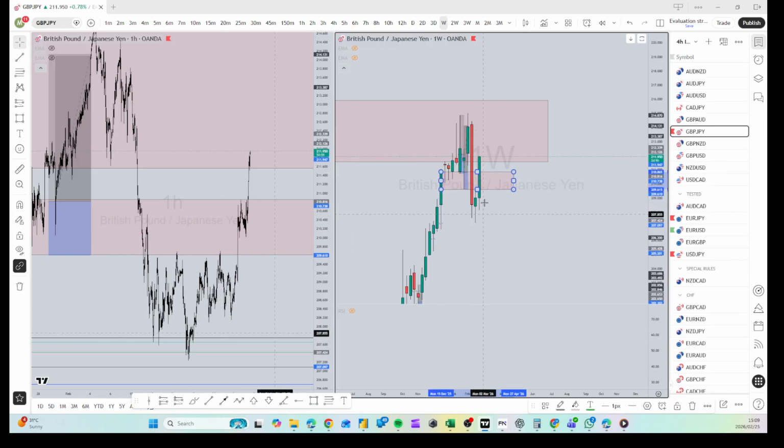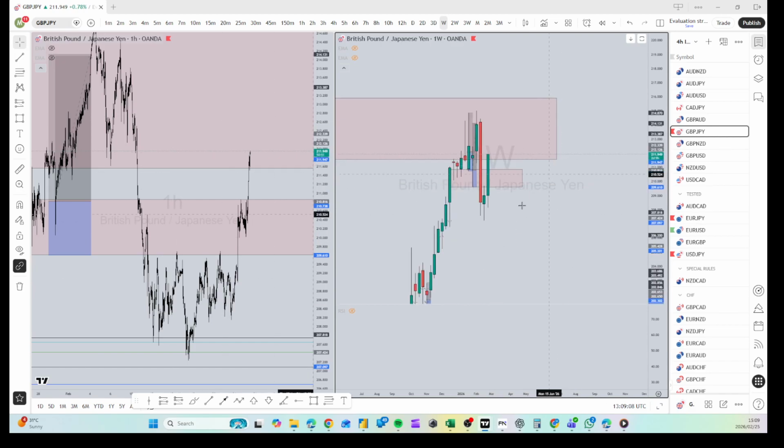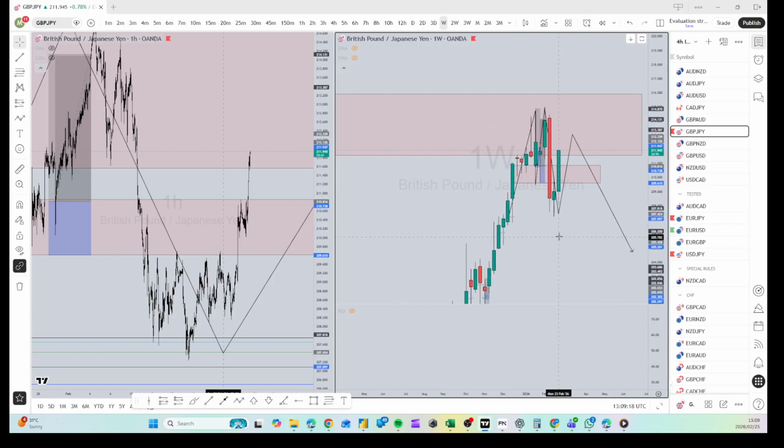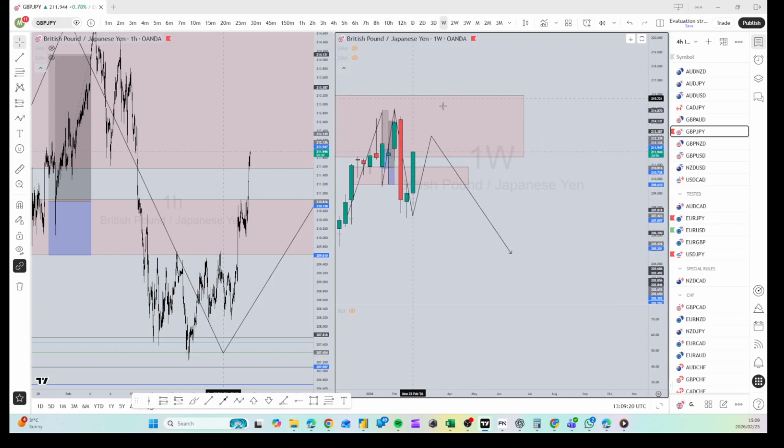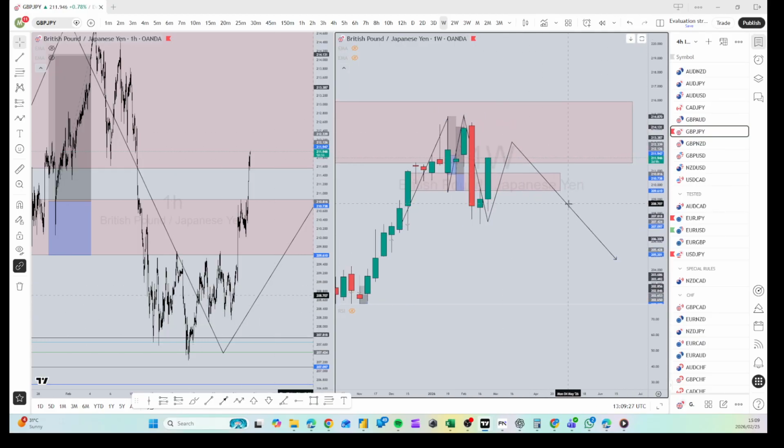We broke the structure with a close below, so this might actually be a continuation, the start of a new trend. Maybe come down here, maybe come up here, then start moving lower. So we'll see if we get a new high, or we're gonna start moving lower. I'm anticipating that we're gonna start moving lower.